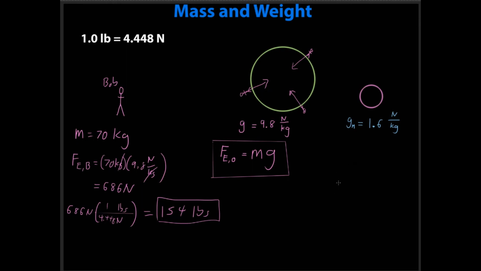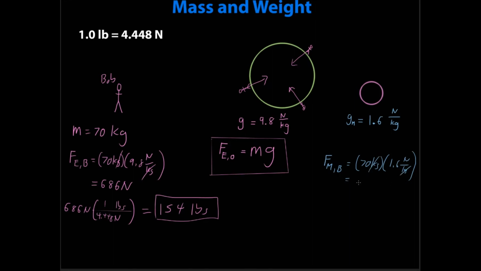However, what happens if I bring that person to the moon? Well, the force of the moon on Bob would be 70 kilograms times 1.6 newtons per kilogram. Again, kilograms cancels. I would get 112 newtons.